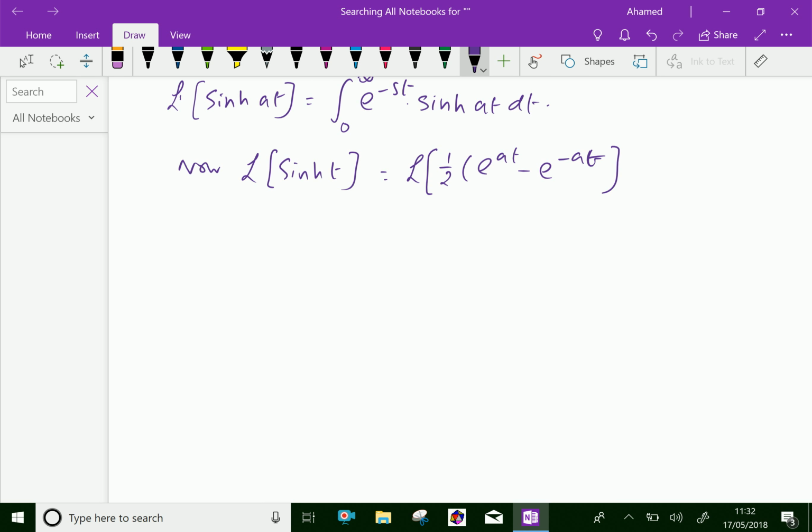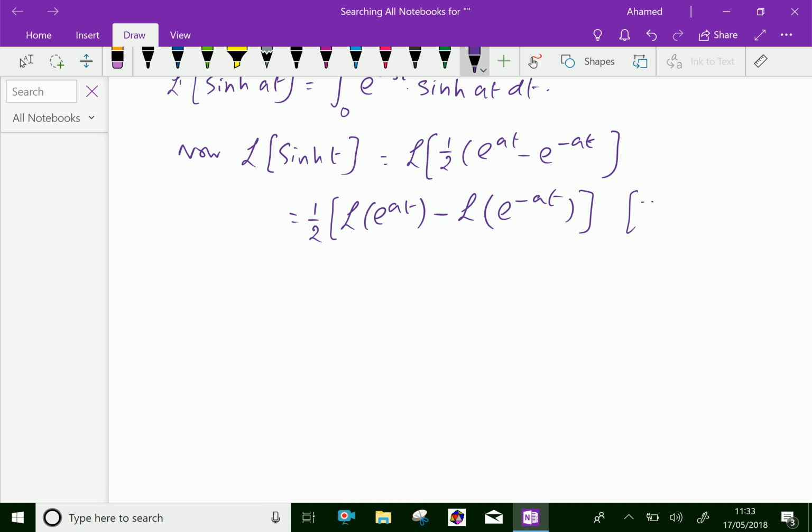Using the linearity property of the Laplace transform, take the half out, and we get the Laplace transform of e power at minus the Laplace transform of e power minus at.